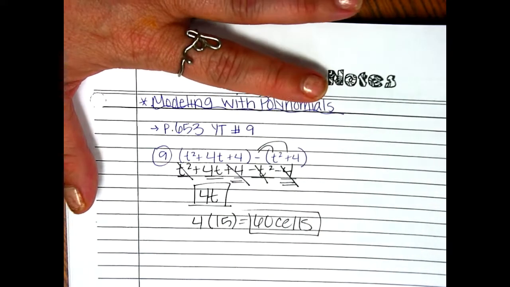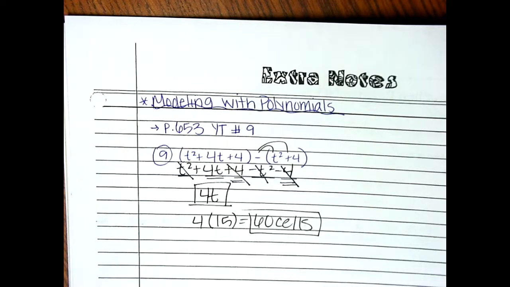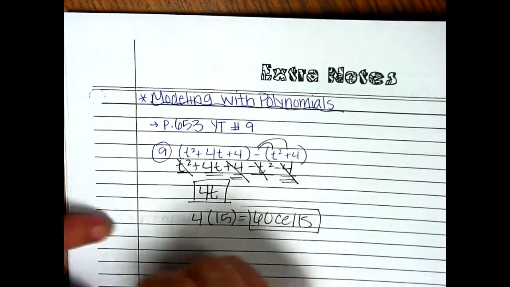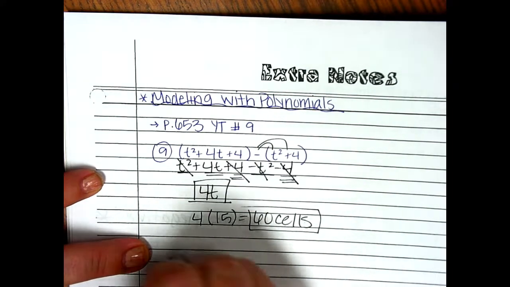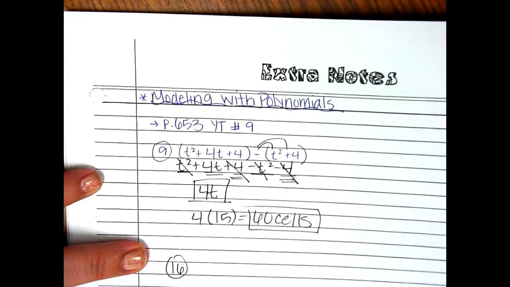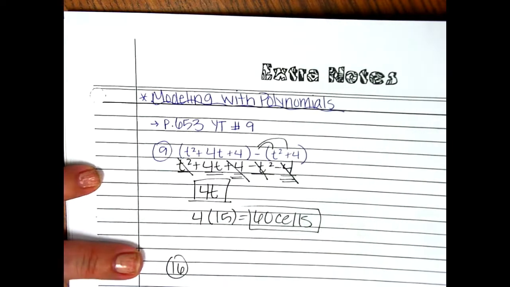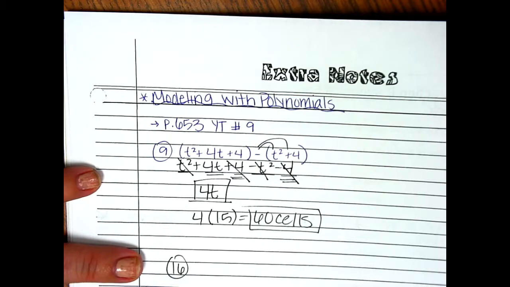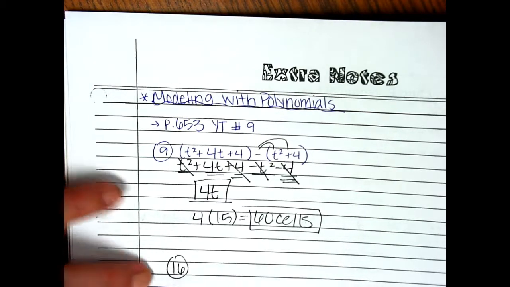Okay, and then on your homework on number 16, it gives you the two polynomials, and you obviously have to find the difference. They're given to you in thousands.